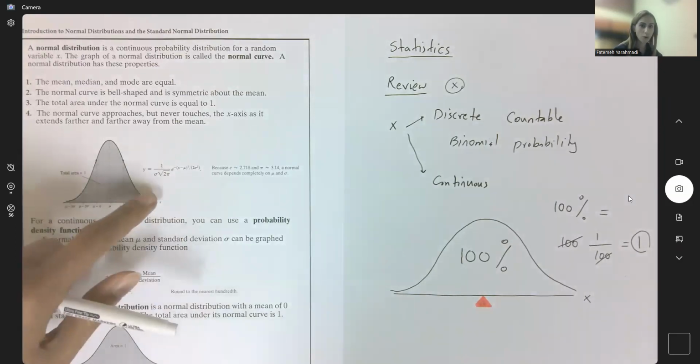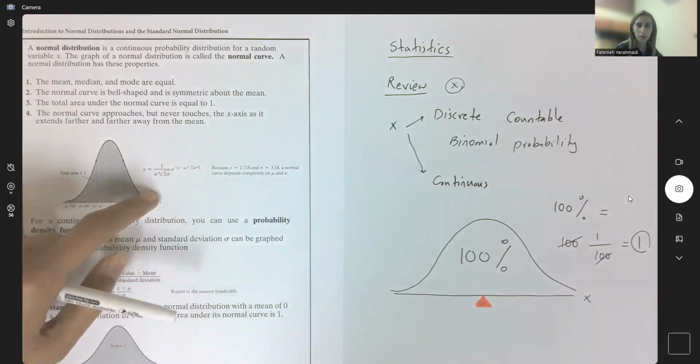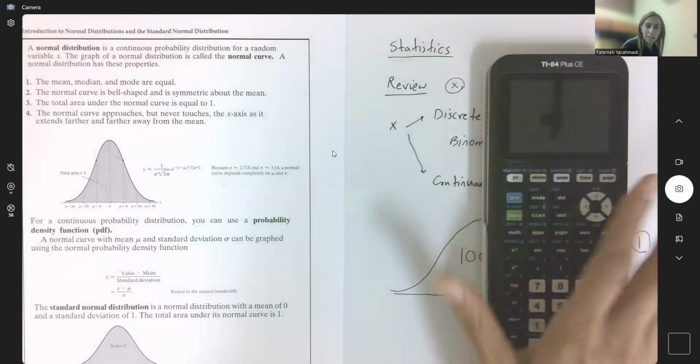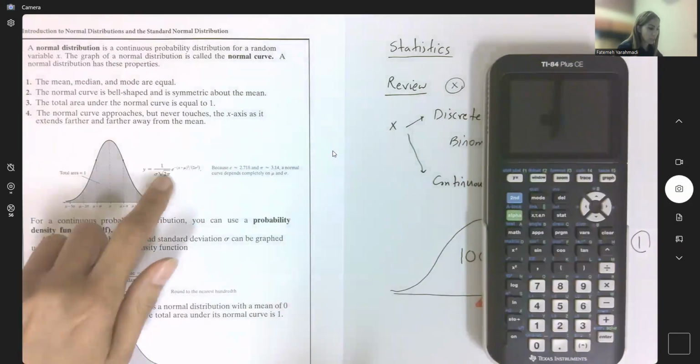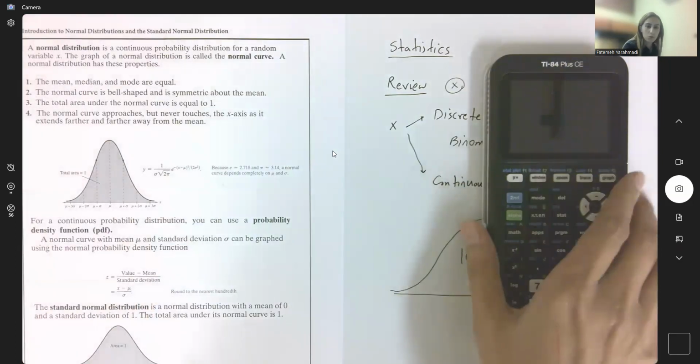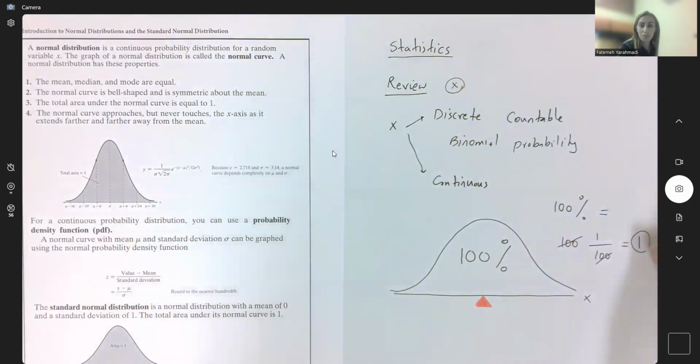You don't have to worry about this function. In our class, we're not going to directly use this function. What are we going to use instead? We're going to use our calculator. This function is built into our calculator, and we're going to learn how to use our calculator to compute different probabilities.